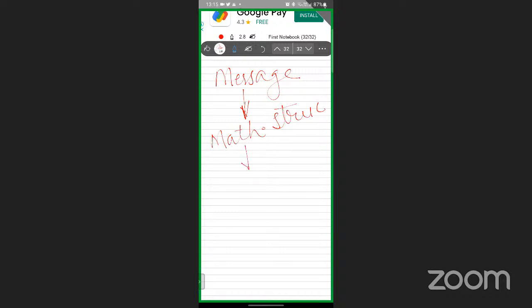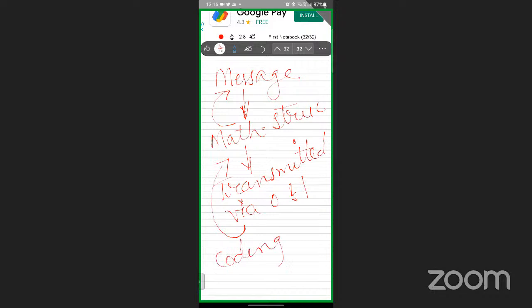And then this mathematical structure is transmitted via zeros and ones, and after receiving, it is again converted back to the mathematical structure, and again it is interpreted as a message. This is how coding goes. Here there is no cryptography. Cryptography is something different. This is pure coding theory.